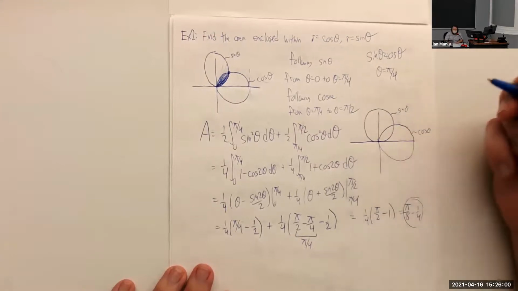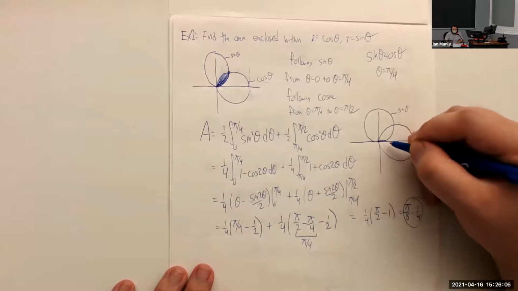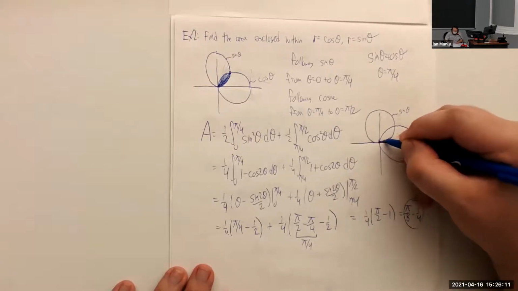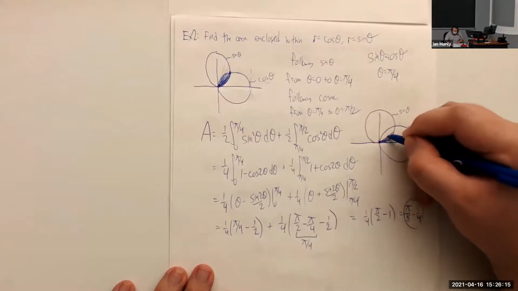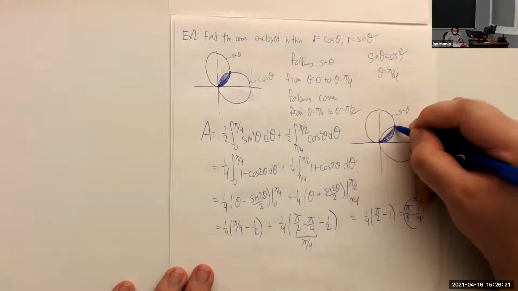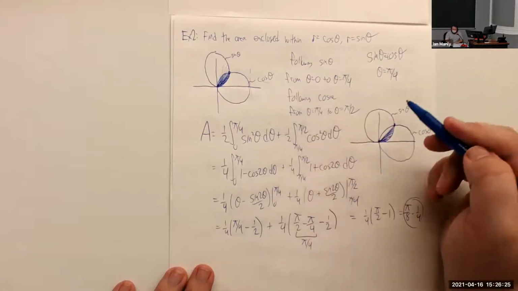So remember, the way I imagine area with polar coordinates is I start at the origin and I start sweeping along different theta. So I start rotating. And as I rotate, my laser pointer kind of gets dragged along the wall. So I'm kind of gradually doing this. And as I'm getting bigger and bigger, I finally get to where these two curves intersect. So I start at theta equals 0, and then I go to where the two curves intersect.